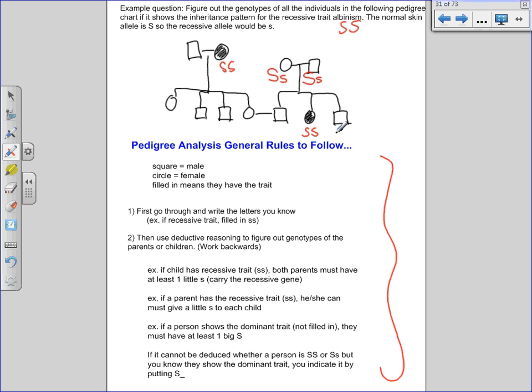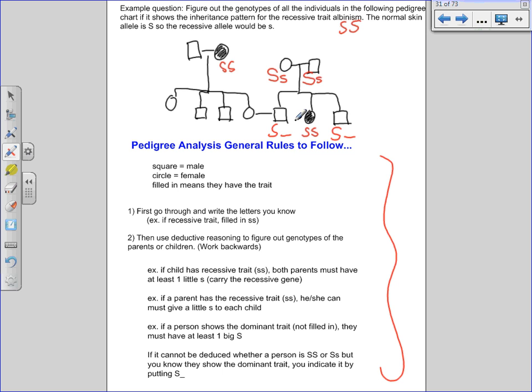Her siblings don't show the trait, so they must have a big S. But we can't tell for sure because we don't know anything about their children. We can't tell for sure whether they have a big S or a little s that goes with that big S. So to show we're not sure, we put a line. They might be big S or they might be little s, but I know they have one big S for sure.